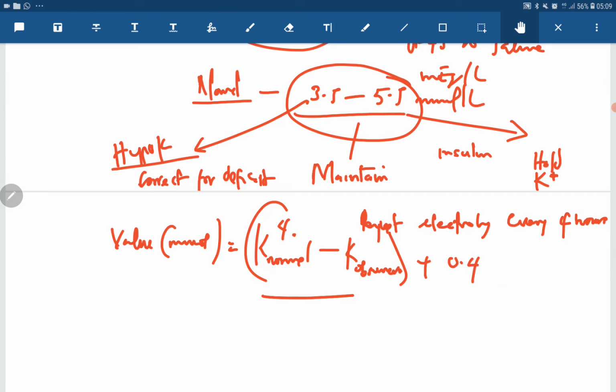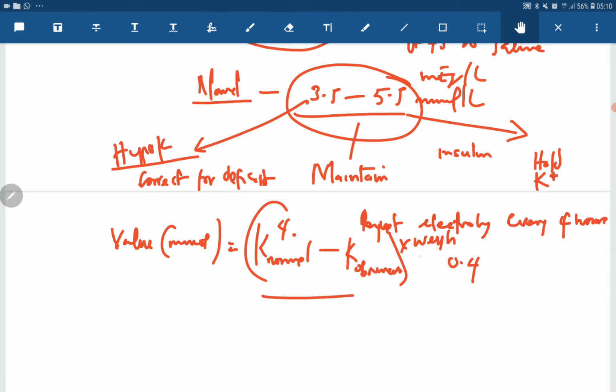This value must be multiplied by the patient's weight, and also multiplied by 0.4, not plus.